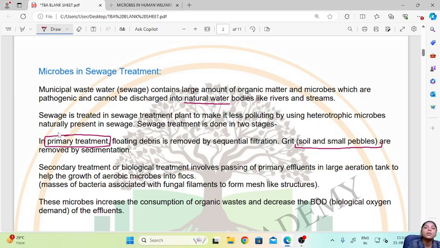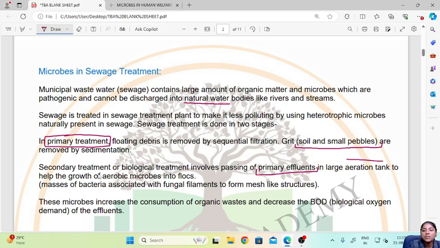Then the sewage water which is primarily treated is taken to the next stage, that is the secondary treatment or the biological treatment. Now in the biological treatment, the second step involves passing of primary effluents, that is the water which has undergone the primary treatment, in large aeration tanks.